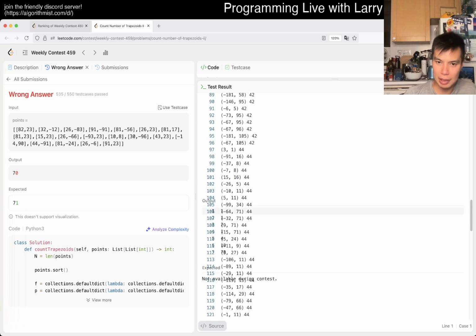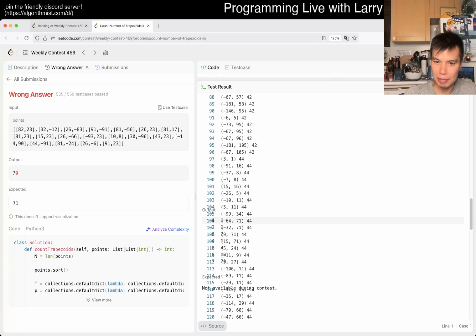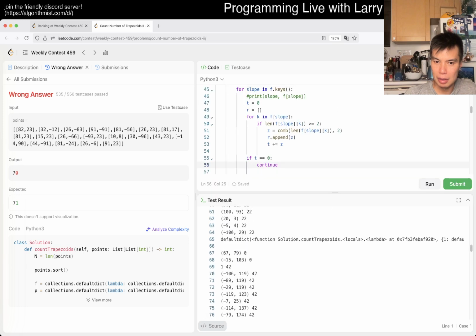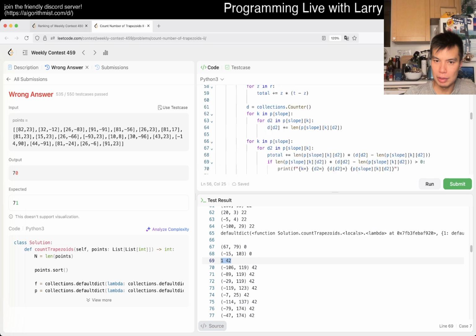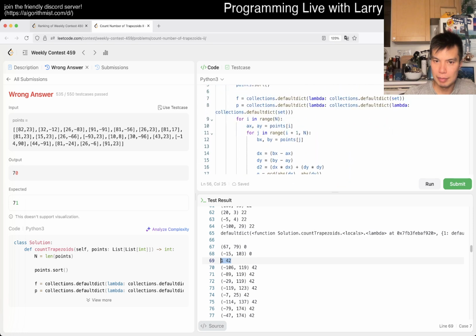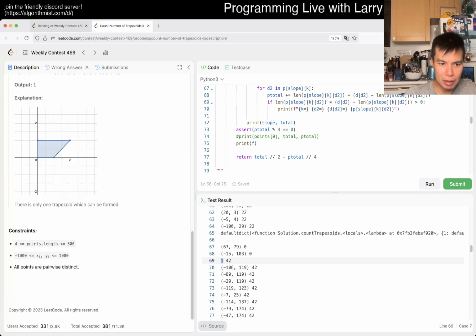It is an optimization, but I still don't know how that helps, to be frank. What does this 142 mean? Did I print out other stuff somewhere? Oh, that's the slope is 1, so that's all the vertical lines or whatever, or horizontal, I forget. The points are unique, right? Pairwise distinct.